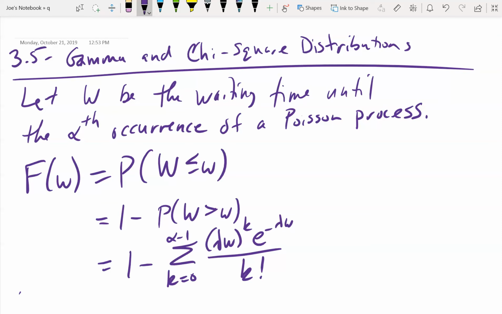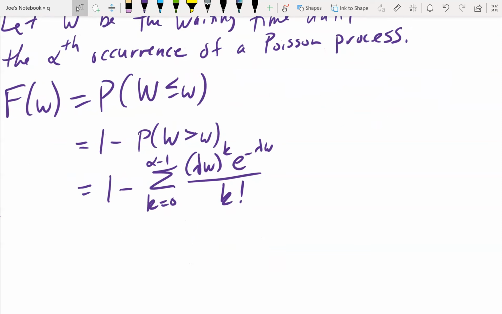Okay, so now we can get to the PDF by differentiating. If I want to take the derivative here, that's how we get from the CDF to the PDF. We take the derivative, so little f of w will be capital F prime of w.